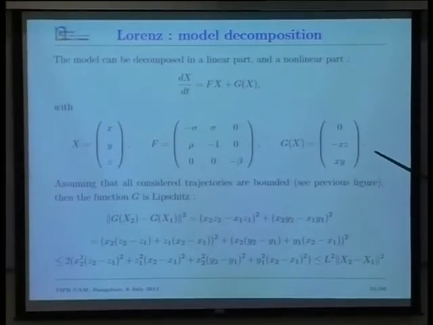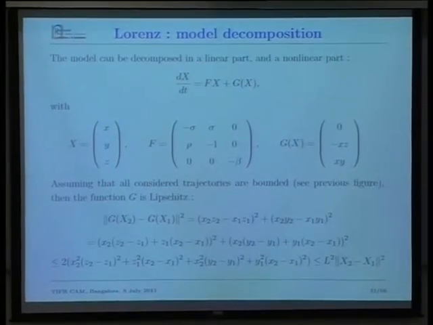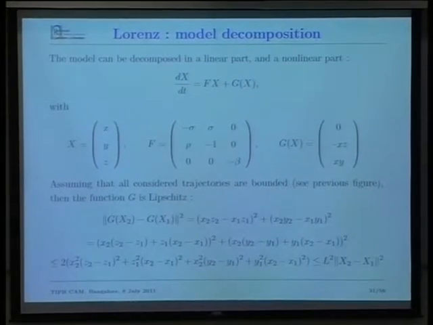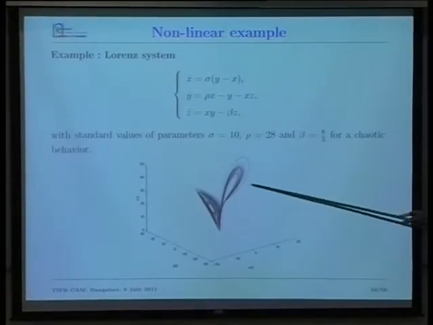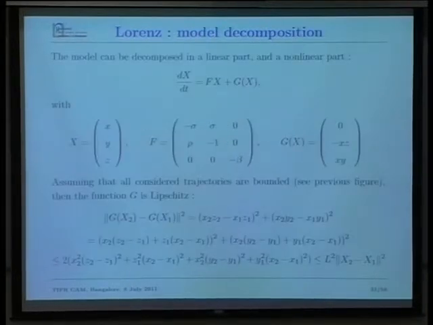So this is not Lipschitz in general, but if we assume that the trajectories are bounded, so if you simply look at that, you can imagine that if you start with initial conditions that are bounded, then the solution will remain bounded. And in this case, the function g is Lipschitz.